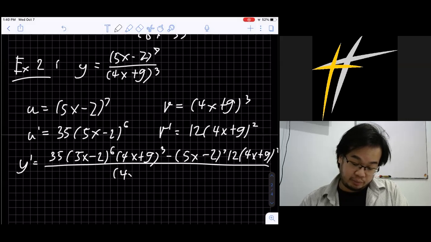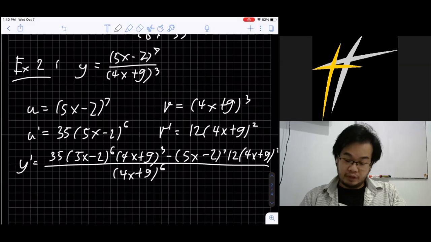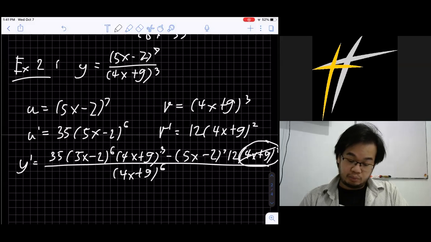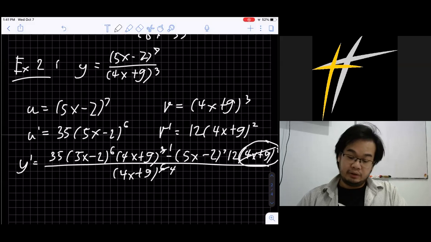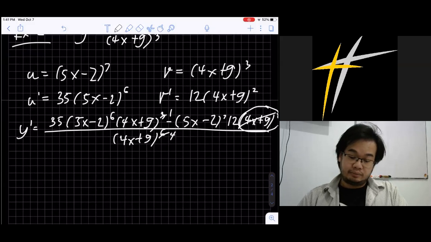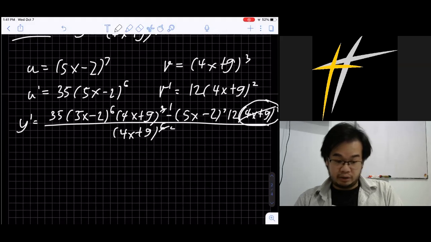So it's (4x plus 9) cubed being squared, which is to the power of 6. And then can we cancel? Yes, we can cancel. This is (4x plus 9) squared, so we cancel the square. This is to the power of 1 and this is to the power of 4. Oh, actually, we can do it later. Let's just do it later. I will undo.